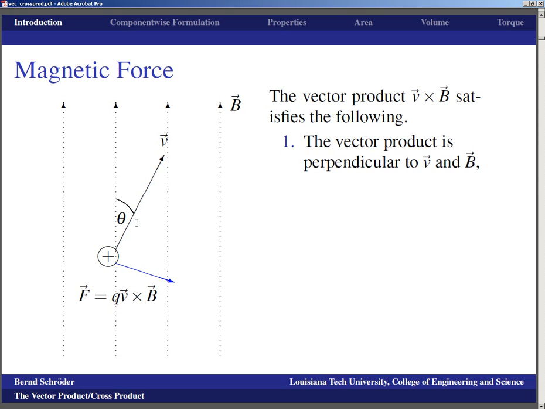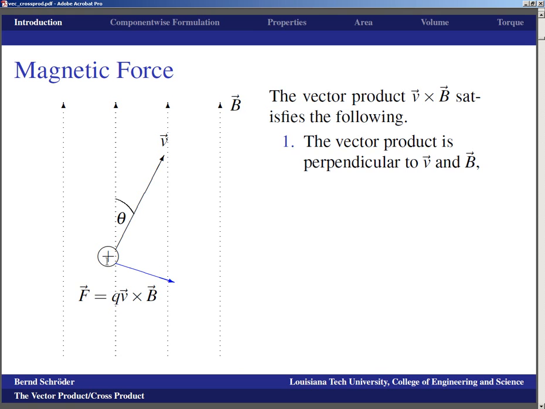So here we have a product that turns two vectors and gives us another vector. That is clear, because a force is a vector, so we must get a vector out of the input vectors v and b. But it turns out that the direction is actually defined by being perpendicular to the two other vectors.